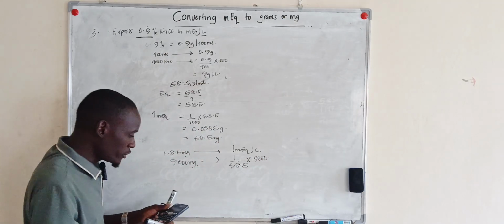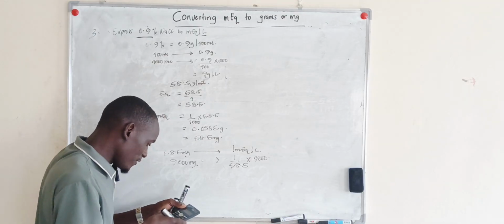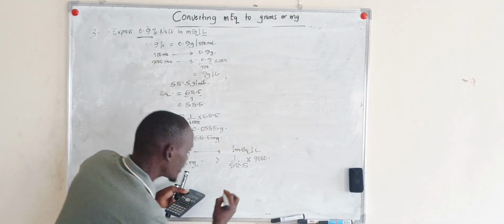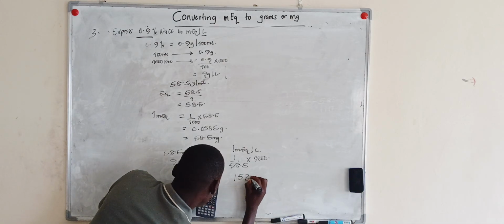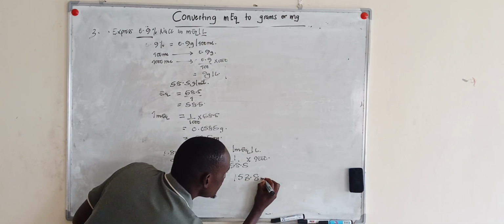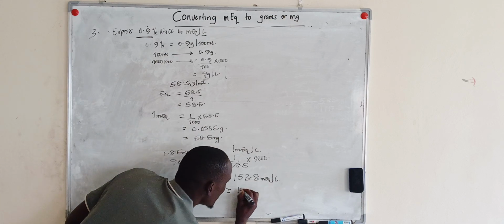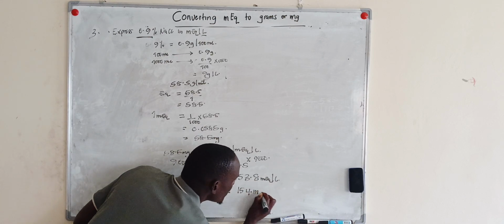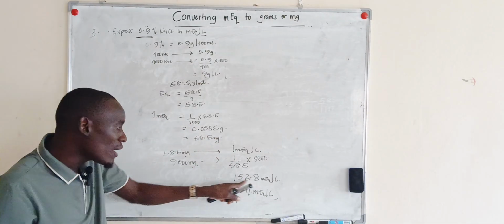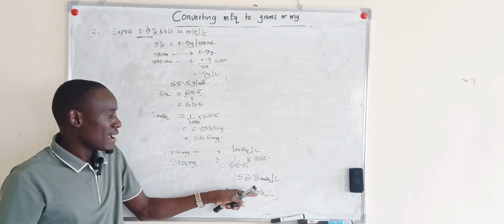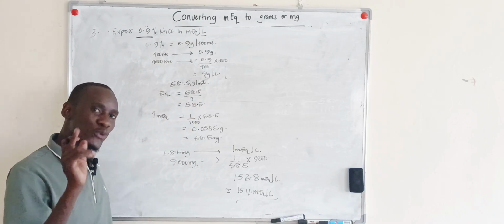And when we compute this, we have 9,000 divided by 58.5, which gives us 153.8 milliequivalents per liter, approximately 154 milliequivalents per liter. So this is the number of milliequivalents per liter in 0.9% sodium chloride.